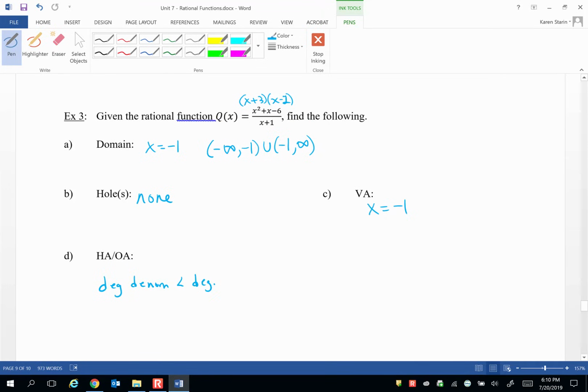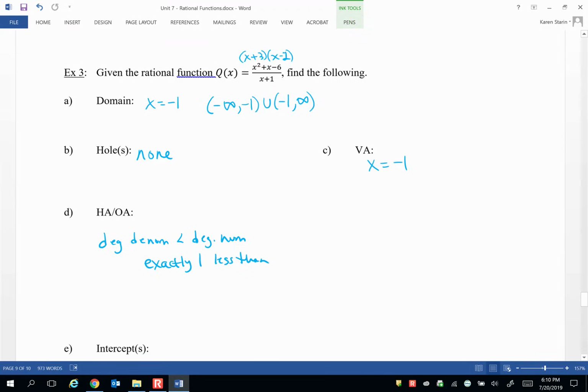And furthermore, it's exactly 1 less than. So that means we have an oblique asymptote, and we need to do a little bit of long division. And remember, we don't have to do it all the way out. We just have to find the linear equation.